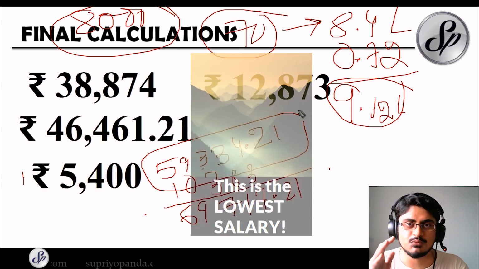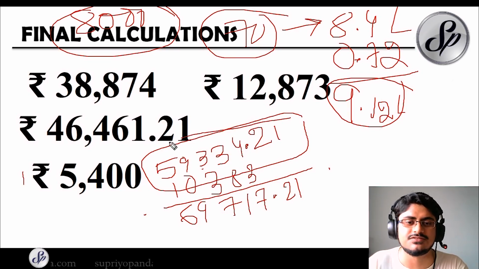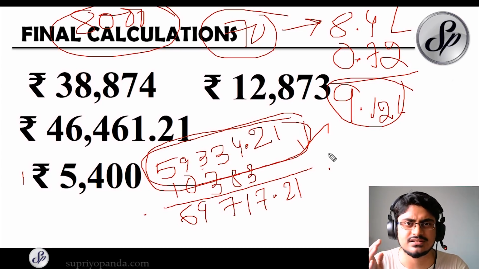And that is how we end up with a figure like 12 lakhs per annum. So even in the minimum sense, you can expect at least 10 lakhs gross. But remember, your in-hand payment is only going to be this figure, 59,334.21. So almost 60,000 is going to be in hand. But of course, all these things are not free. There is a lot of work to be done when you are an SBI PO. You will have a lot of workload, but this is what you are getting in exchange. Financially, you are going to get rewarded.